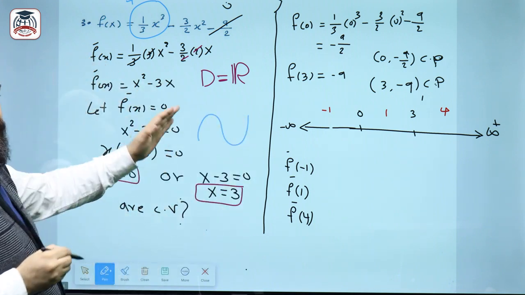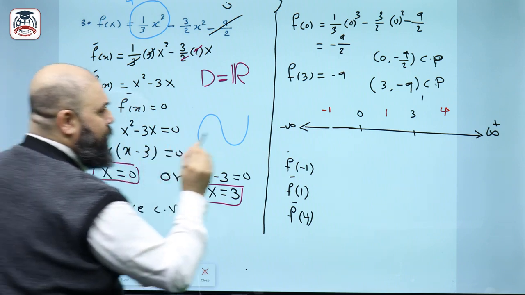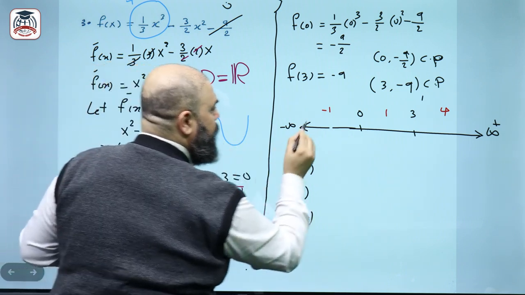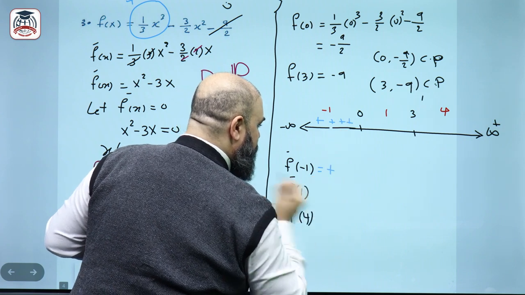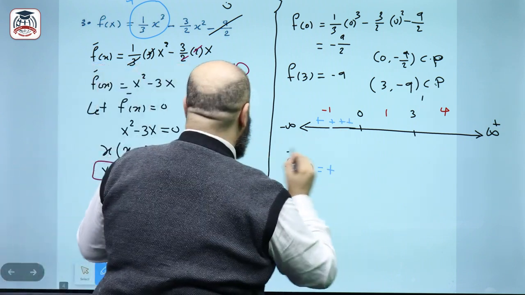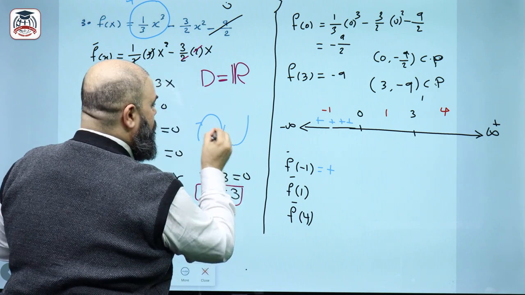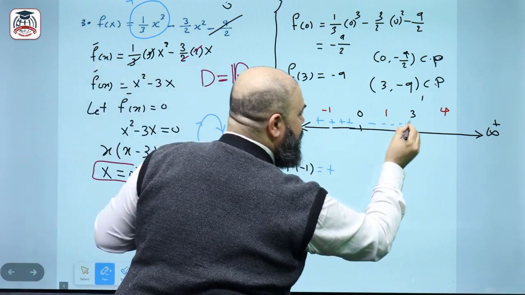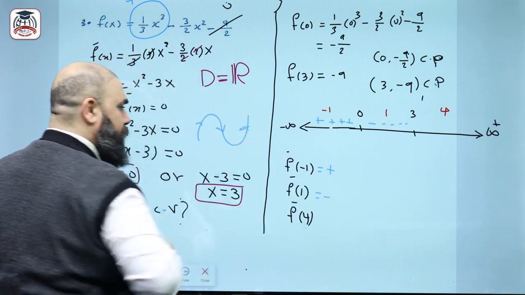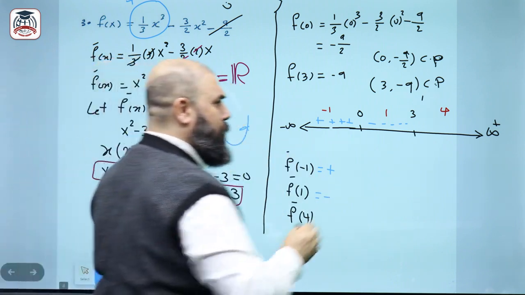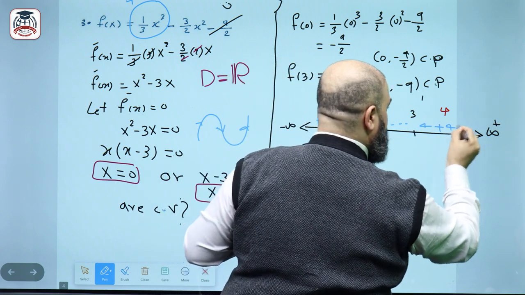If it is like this, then this region is increasing, which means the sign is positive. This region is decreasing, then the sign is negative. The third region is increasing also, so positive.